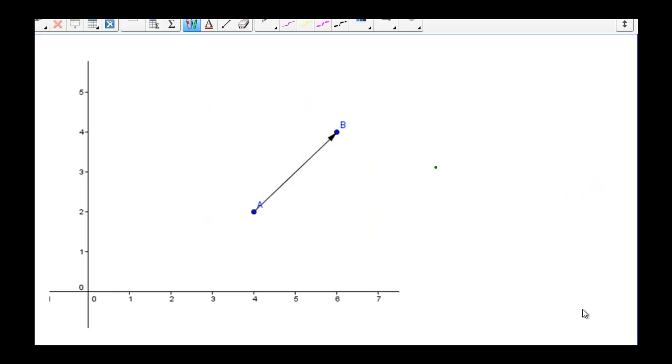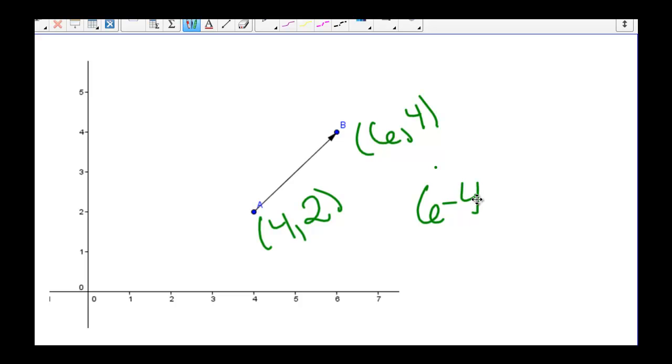Let's say we have this vector whose tail is at 4, 2, and head is at 6, 4. To put this vector into the standard position, we need to subtract 4 from 6. So we're subtracting x1 minus x2 to get 2.